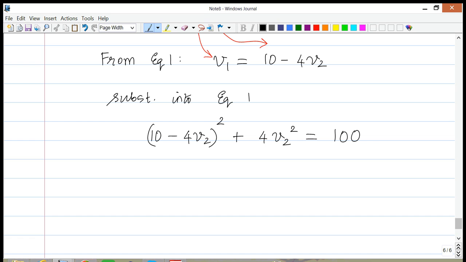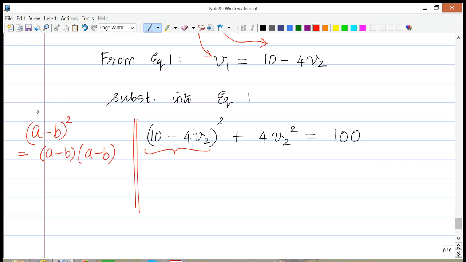Once you get to this stage, we need to figure out how to evaluate this correctly. If you remember, we have a simple equation which says that a minus b the whole squared, we can rewrite as a minus b times a minus b, and in order to do this correctly, you have to multiply the factors out correctly. So you do a times a, that gives you a squared.